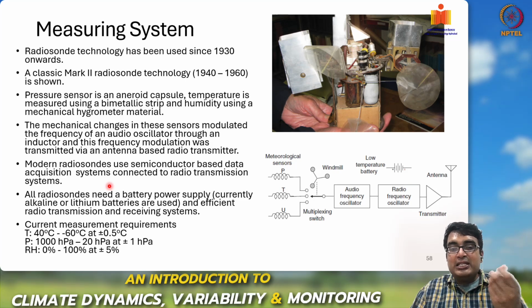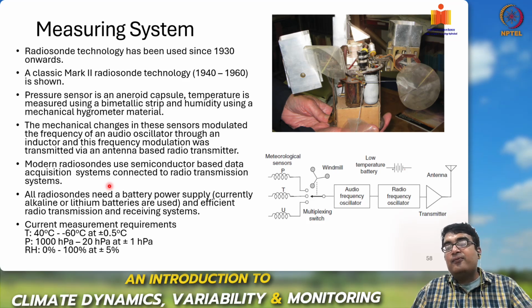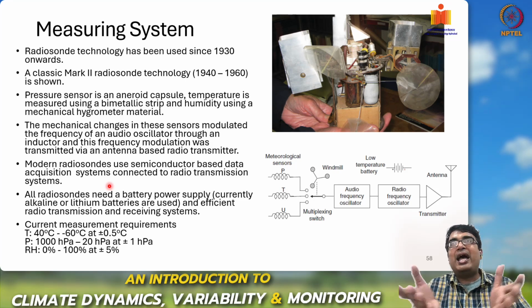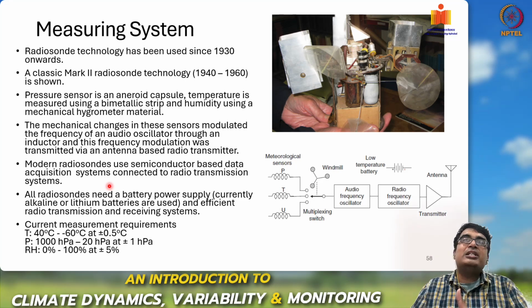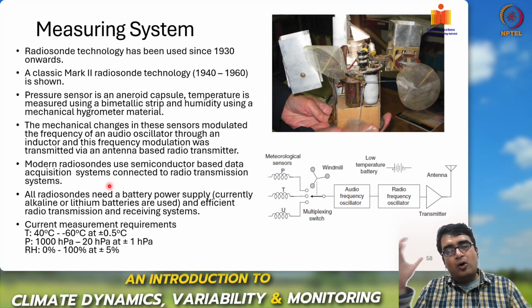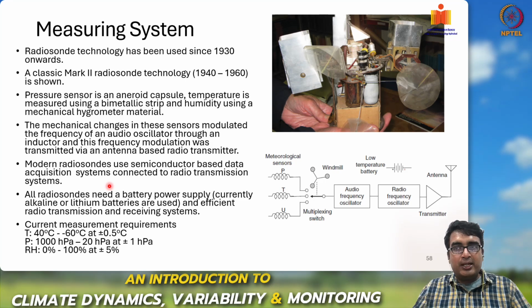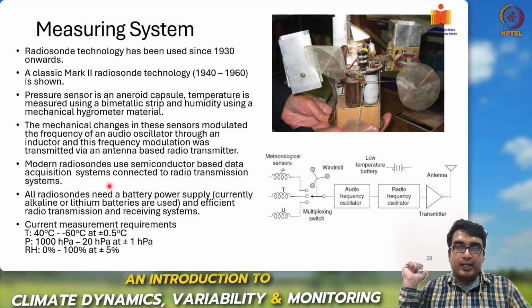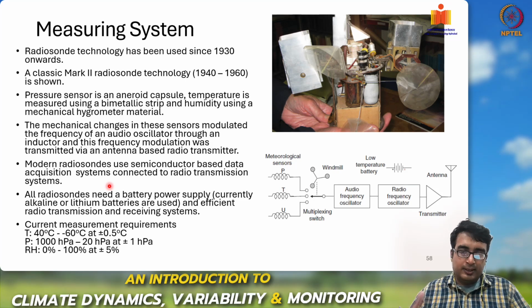It changes the frequency of an audio oscillator through an inductor system, and this frequency modulation was transmitted via an antenna based radio transmission. However, nowadays you will have an analog to digital converter, and then the digital signal is stored and processed in an onboard semiconductor chip, a microcomputer, and then that is transmitted to an audio frequency, and this we will come across later, just a few minutes later.